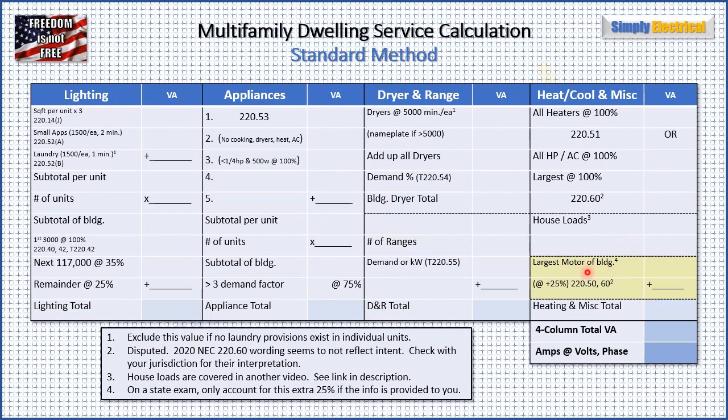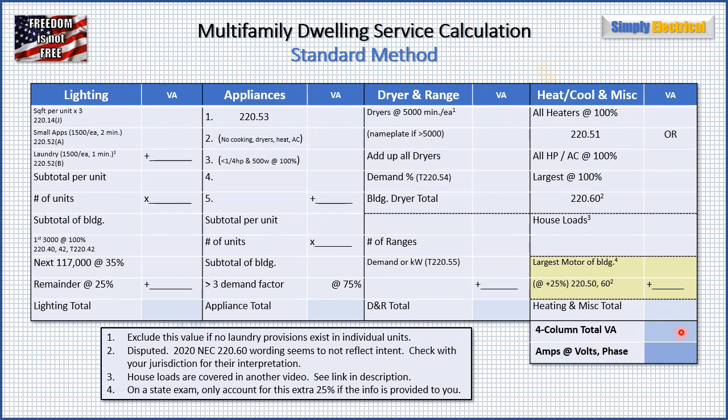After that, you'll have your largest motor of the building, and we'll talk about that. That takes some special discussion, particularly because of the addition to Article 220.60 that we have in the 2020 code. But anyway, then you total this up here and get your heating and miscellaneous total. When you're done with that, you total the 4 columns.